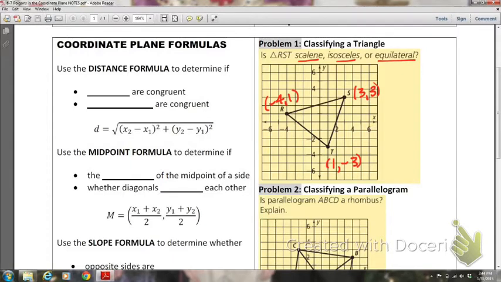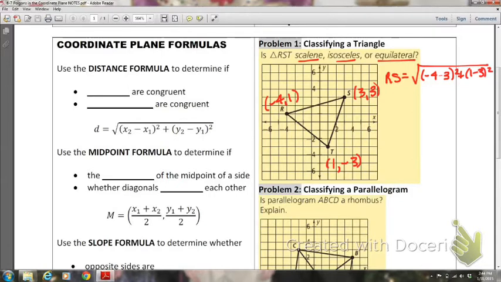Let's first take the length between R and S. Apply your distance formula: square root of the difference between the x coordinates, so (-4 minus 3) squared, plus the difference between your y coordinates. Got to go in the same order. I chose the x coordinate from R first, so I have to choose the y coordinate from R first. So (1 minus 3) squared.